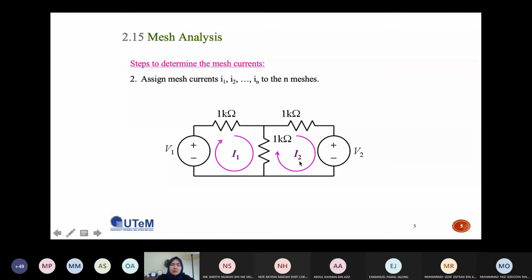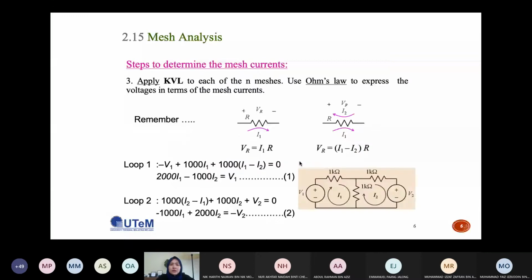The next step is to apply KVL to each of the meshes and use Ohm's law to express the voltages in terms of the mesh current. So remember Ohm's law.